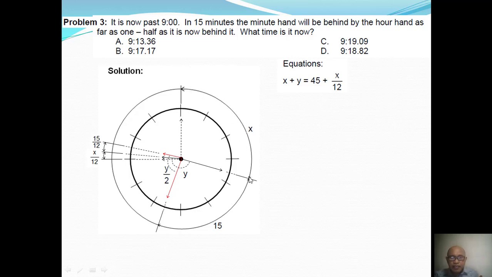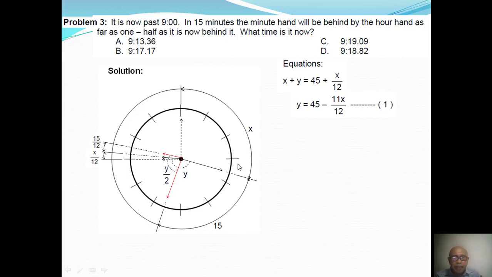X minutes plus Y minutes is equal to 45 plus X over 12. Kita niyo? So, from this equation, I can express Y in terms of X, ha? So, Y is equal to 45 minus 11X over 12. I will call it equation 1.